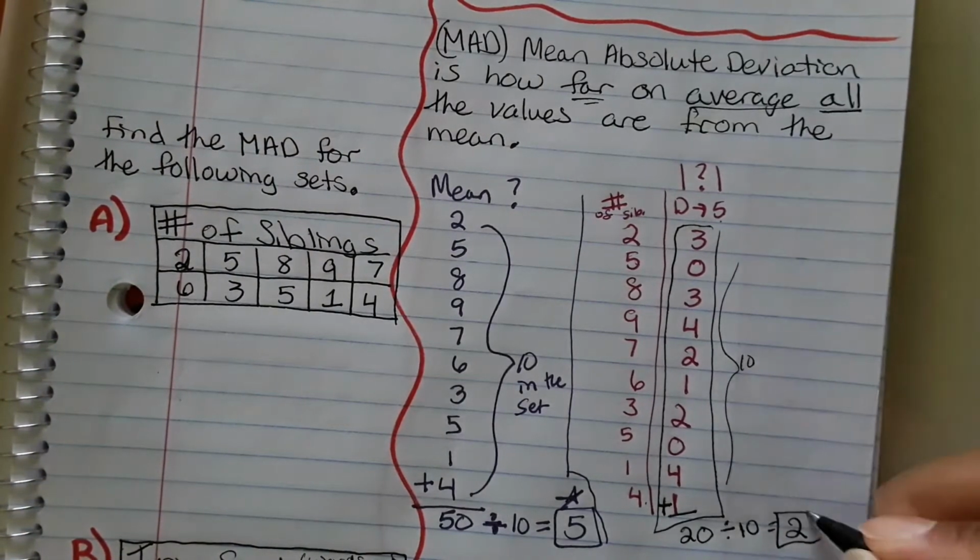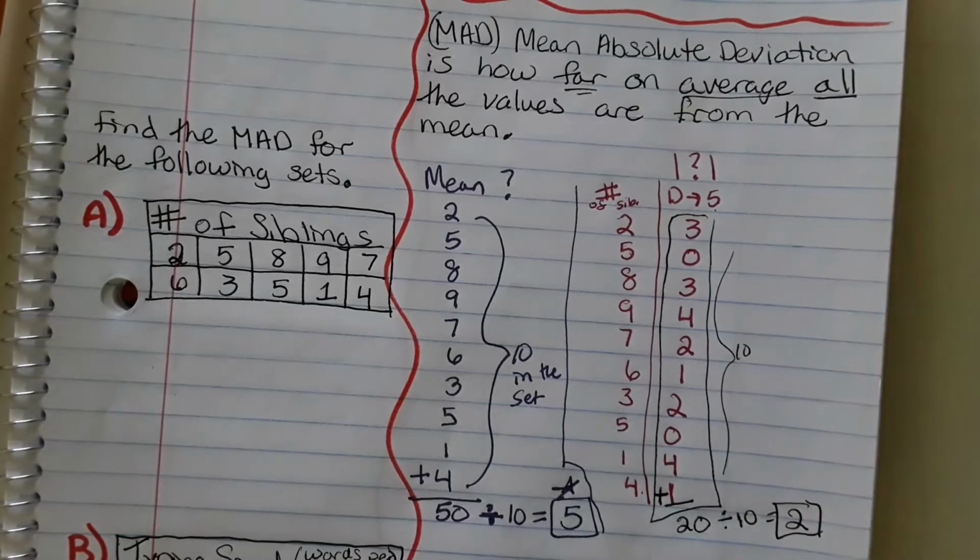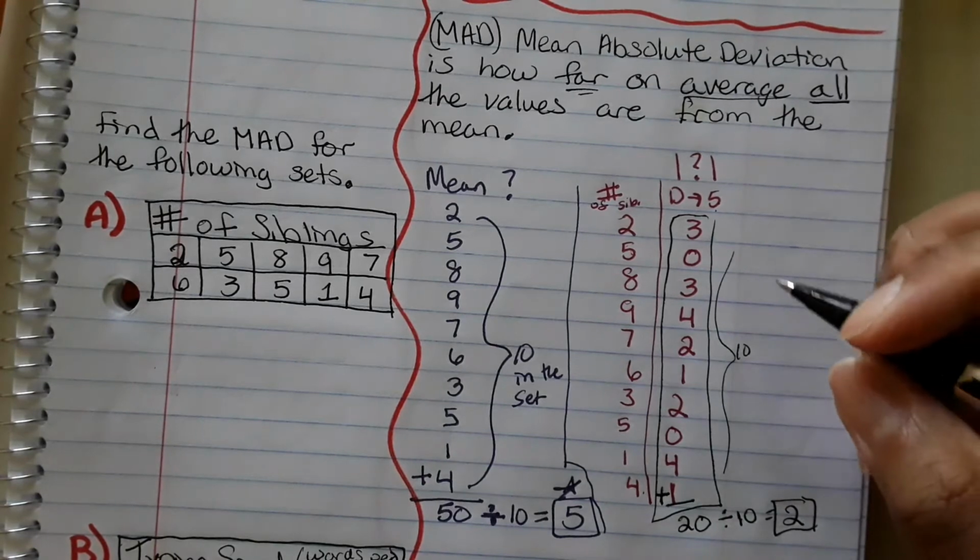Our MAD is 2. And now let's interpret. What does this actually mean? It means the average distance each data value is from the mean is 2. So in this case, 2 siblings.